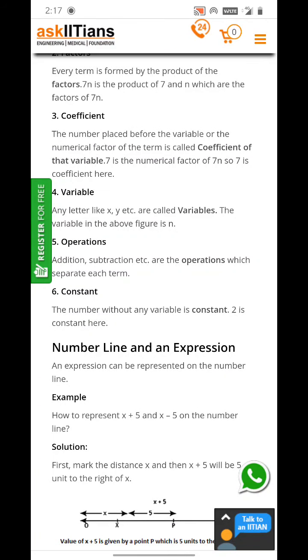And what are constants? Constants are numbers without any variable. 2 is a constant here. In simple terms, a constant is any number whose value does not change. 2 will always remain 2. It cannot become 1 or 3 unless acted upon by some operation. For example, 2 plus 1 is equal to 3 and 2 minus 1 is equal to 1.